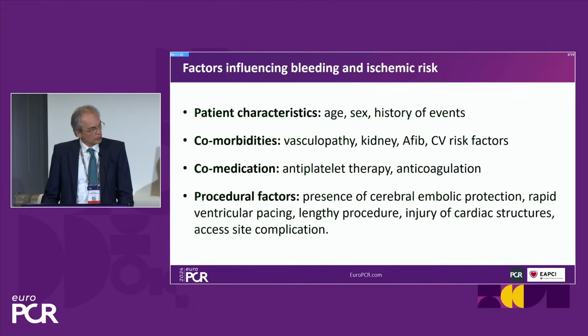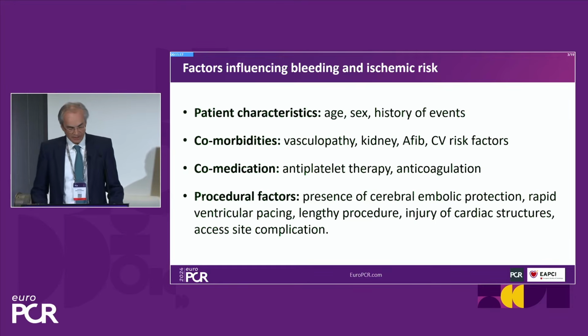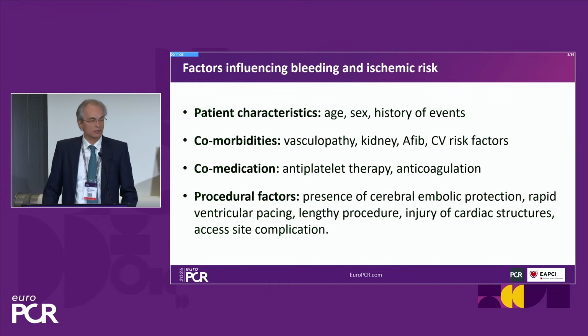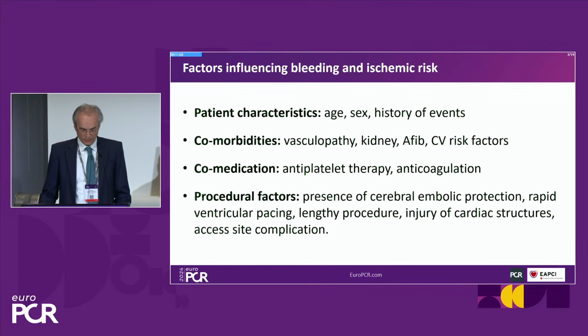Then there are several comorbidities in the patients, such as kidney disease, AFib, cardiovascular risk factors, etc. Co-medication, such as antiplatelet therapy, is of note and needs to be taken into account. And procedural factors, as we discussed in part, may be of interest for this whole story.